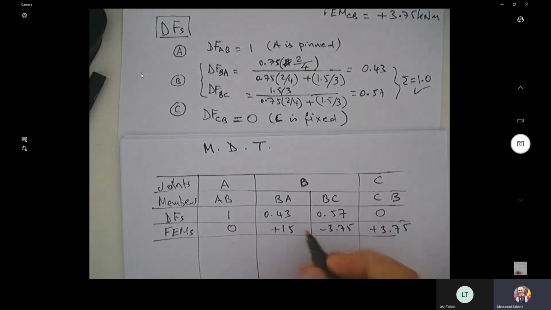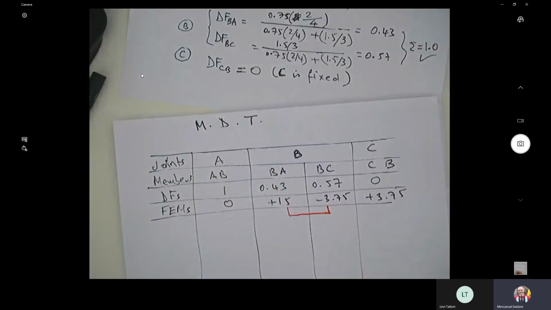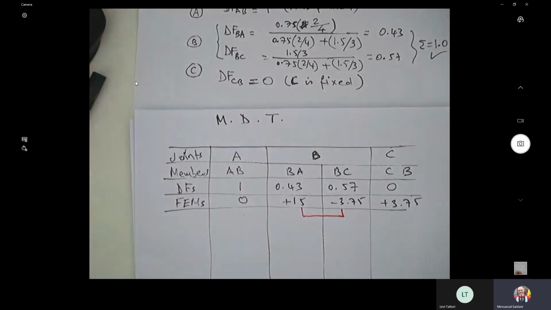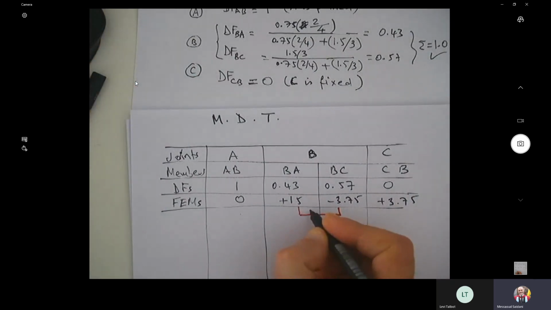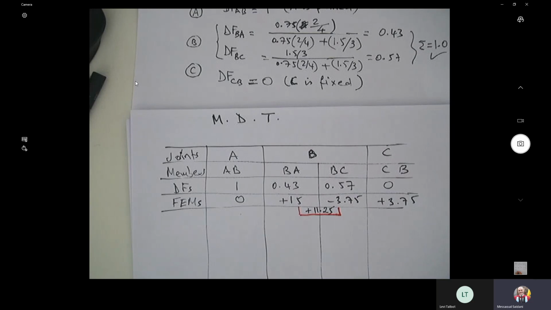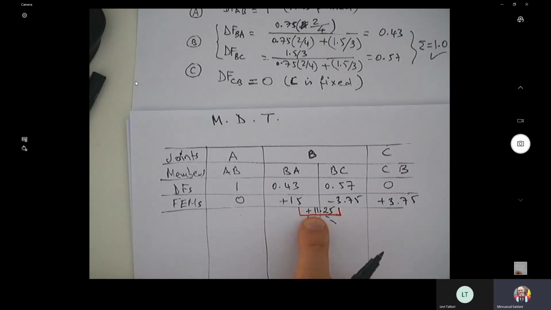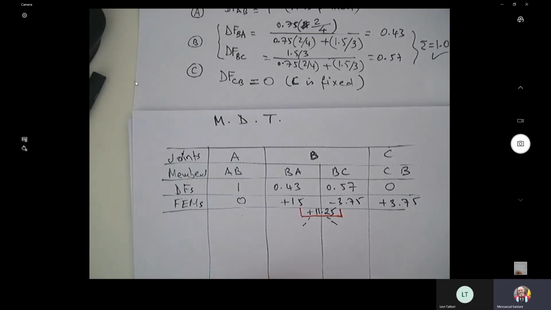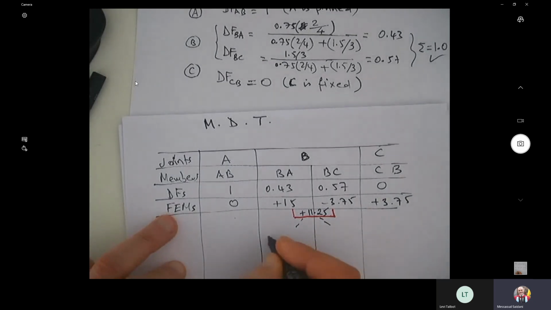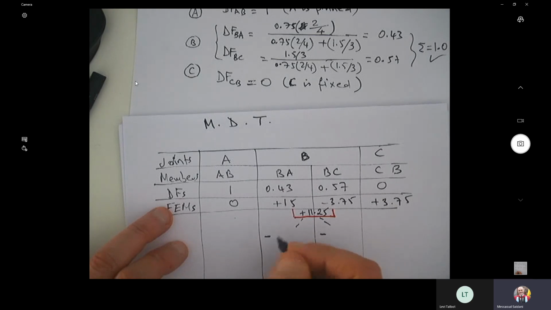So we have an out of balance here. Can you do for me 15 minus 3.75? 11.25. Thank you very much. So it's plus 11.25. So the balancing would be the opposite of that. In other words, I'm going to multiply minus 11.25. Can you do for me 11.25 times 0.43? 4.84.